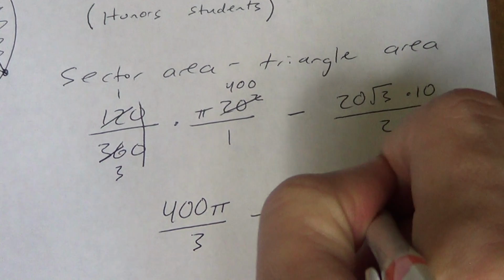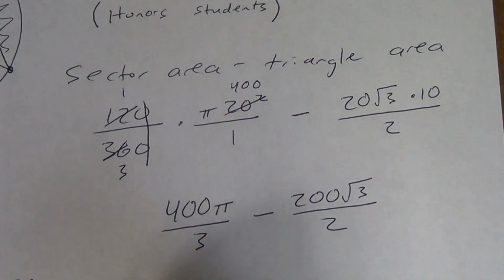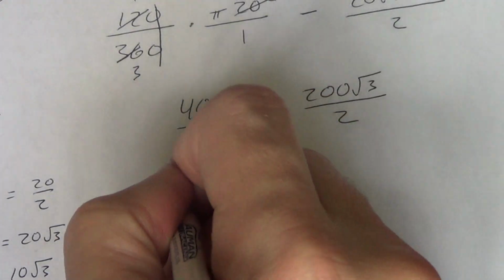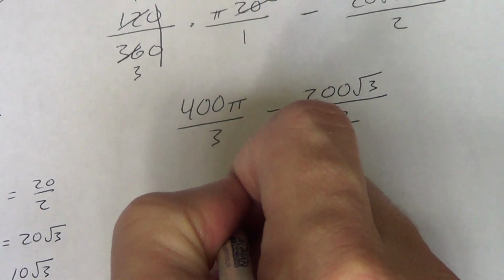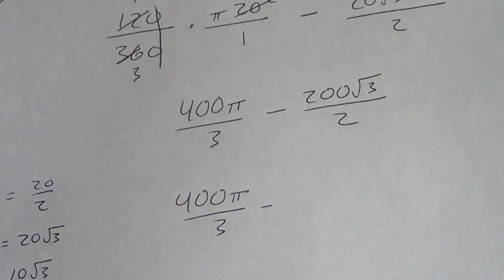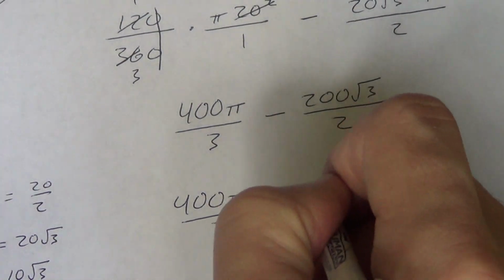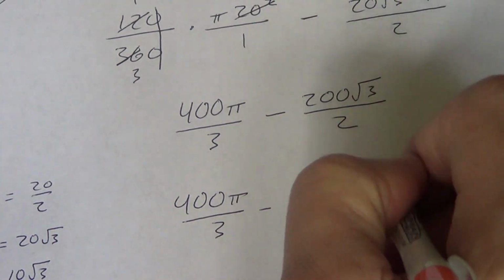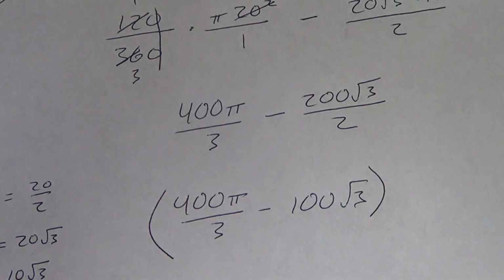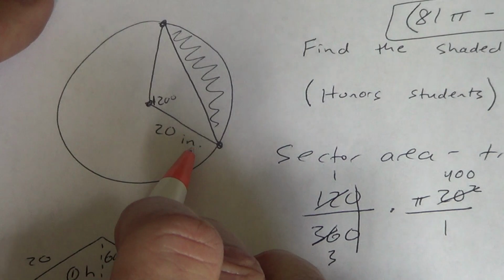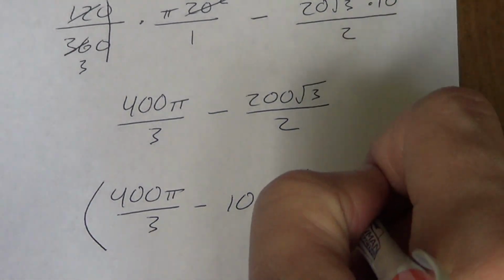Root 3 over 2. Reduce. 400 over 3 does not reduce, so we're going to leave that alone. 200 over 2 does reduce to 100. Root 3. Parentheses. The label is going to be something squared. They told me it was inches, so inches squared.